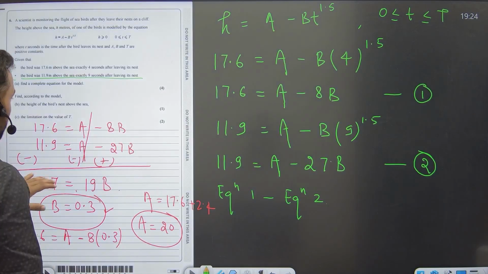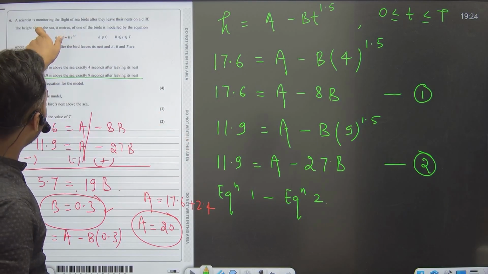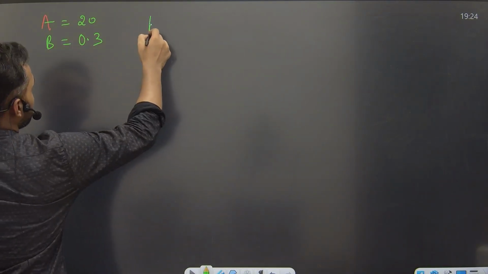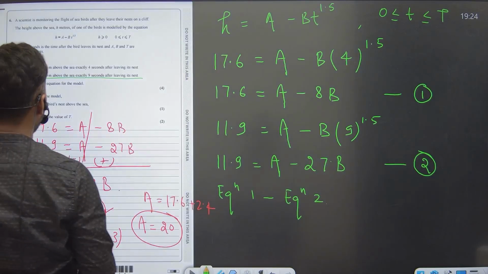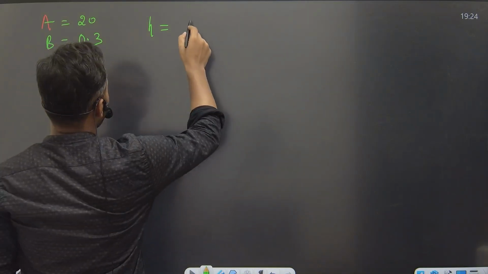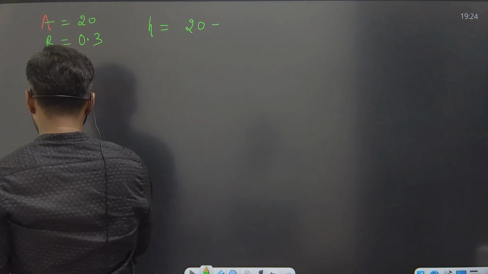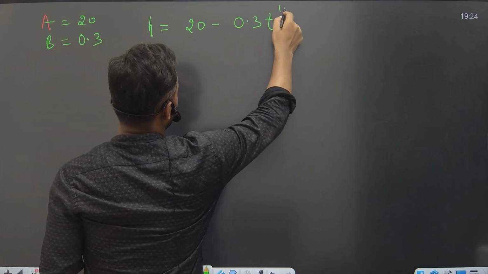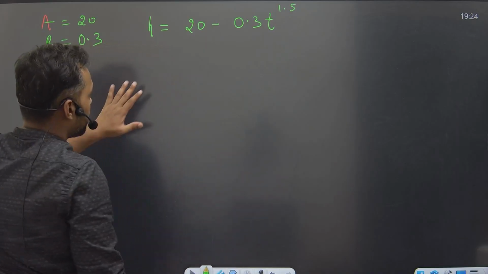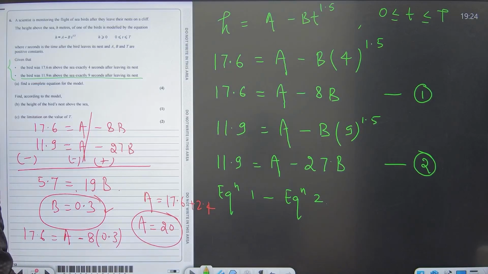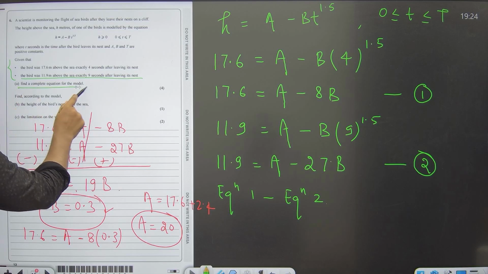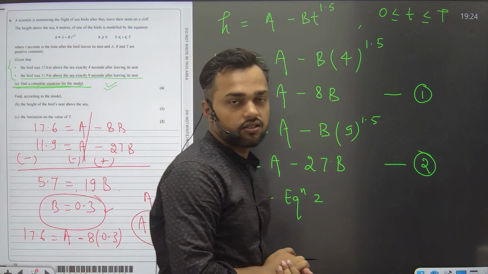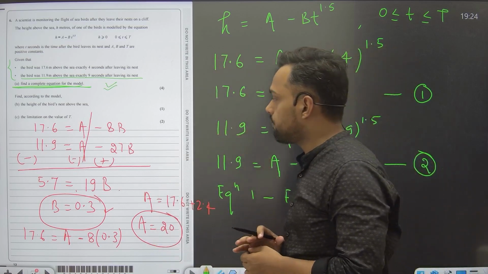So if I plug in the values of A and B in this particular portion, student, what you will get is: H equals, this was our equation, A minus B t, A was 20, negative of B, B is 0.3, t raised to the power 1.5. This is the particular equation which they are asking for. Find a complete equation for the model, which we have done. This was a 4 marks question, student, and this is how we need to approach this form of question.